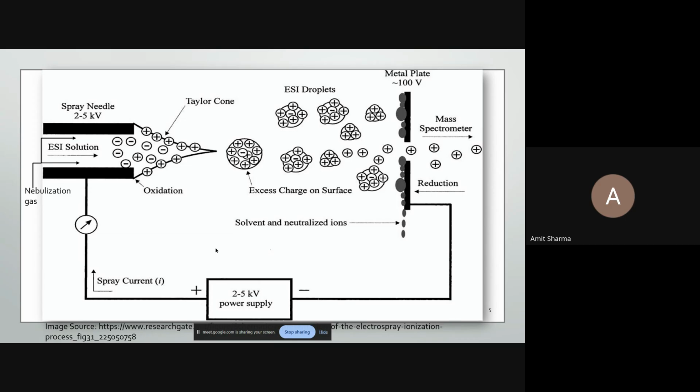Because the droplet size is very tiny, the droplets undergo evaporation, and due to the evaporation they reduce in size and undergo ion formation. The evaporation reduces the volume of the droplet until it reaches a point where the Coulomb repulsion forces between the ions present inside the droplet exceed the surface tension of the droplet.